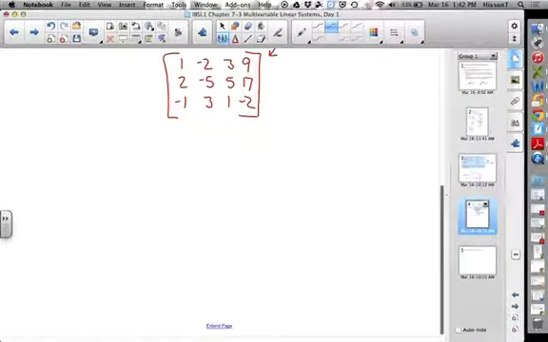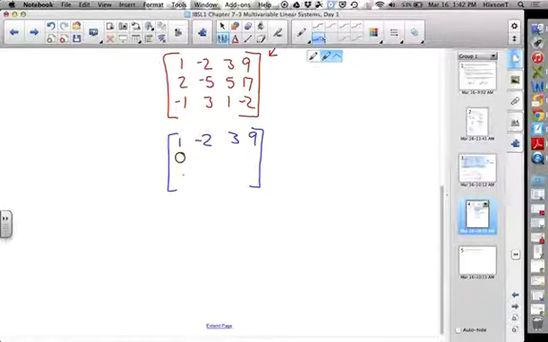So, yeah, for example here, now that I have my first row is going to stay the same because I have my 1 in place, I want to get zeros here and here. Okay? So let's think about this. All you really need to look at is this number here.